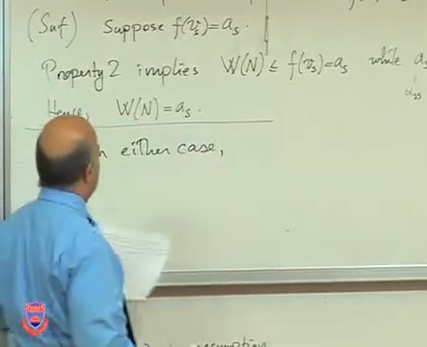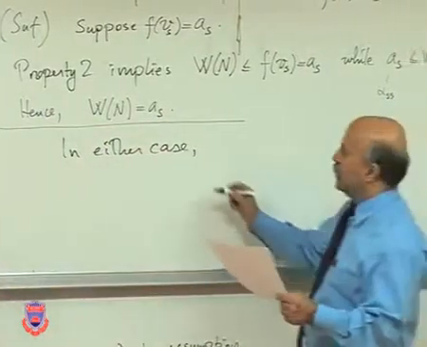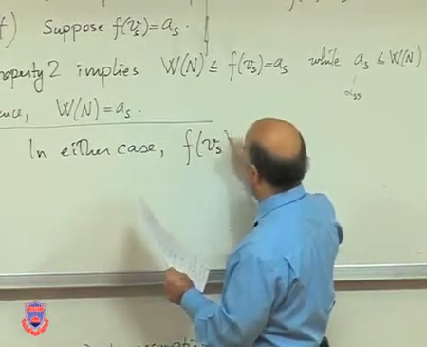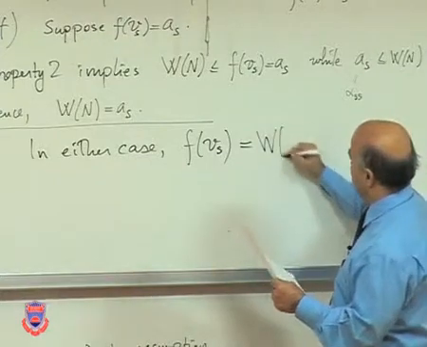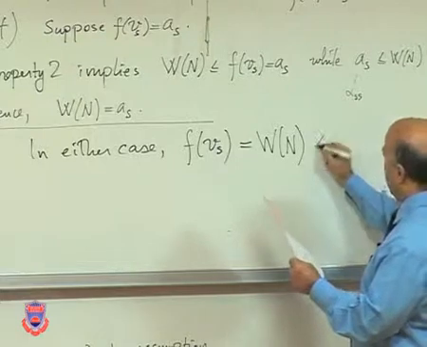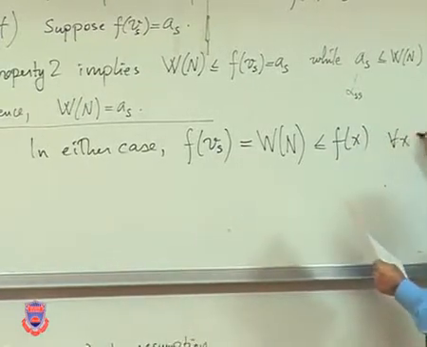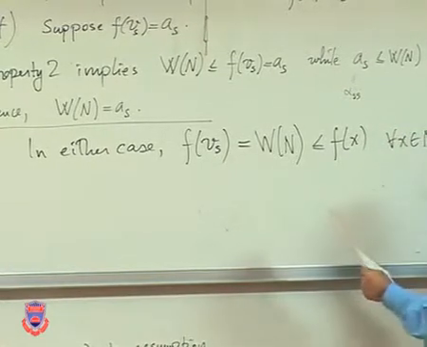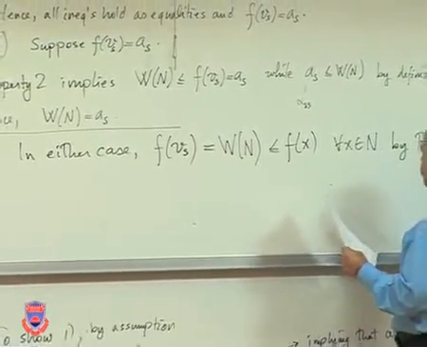So at the end of the proof, it's a good idea to actually write down that observation. In either case, the f function evaluated at Vs is equal to that, and is less or equal f of x for all x in the network. This is due to property number 2.